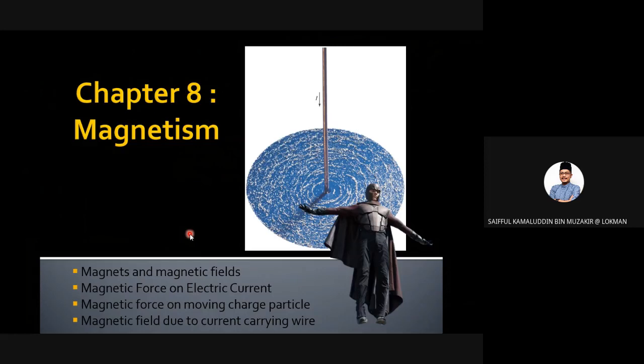We continue our lesson on the final chapter of Physics TUF 1113 on magnetism. There are four subchapters that we need to discuss over this chapter. These are the subchapters for chapter 7.